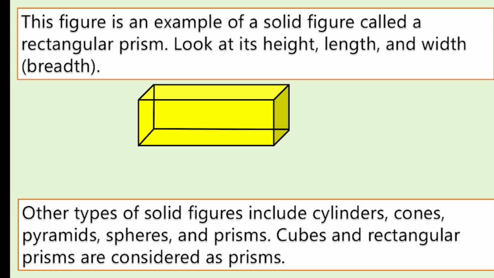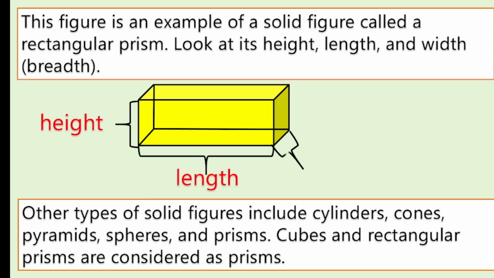This figure is an example of a solid figure called a rectangular prism. Look at its height, length, and width. Other types of solid figures include cylinders, cones, pyramids, spheres, and prisms. Cubes and rectangular prisms are considered as prisms.